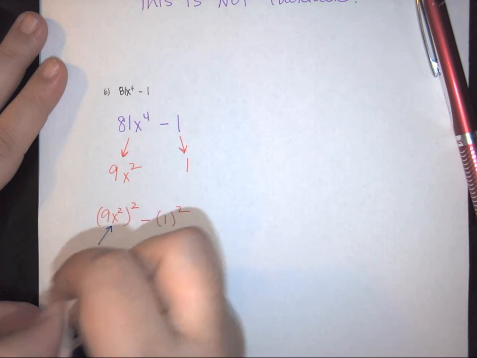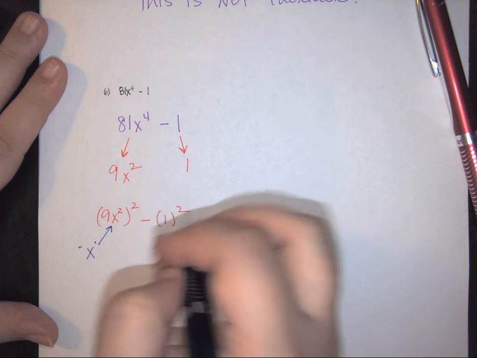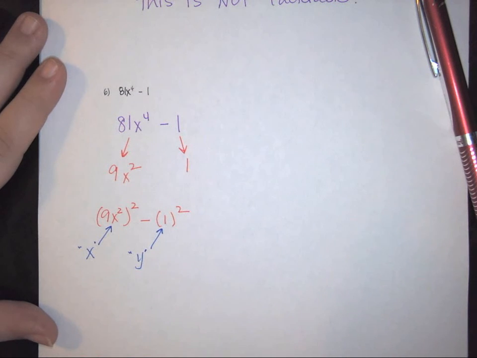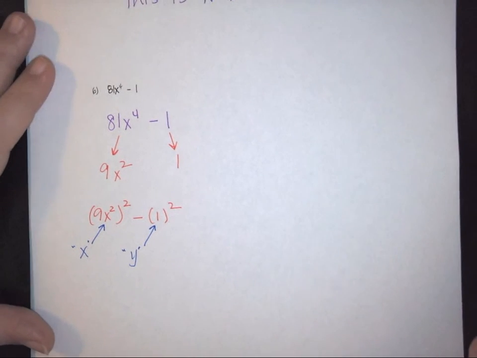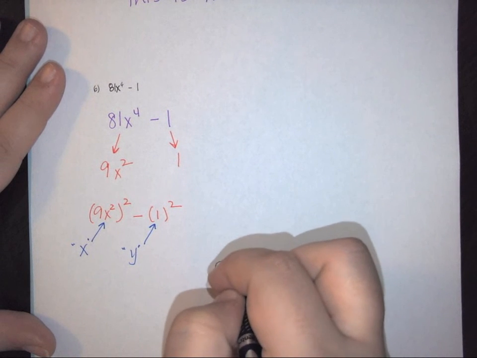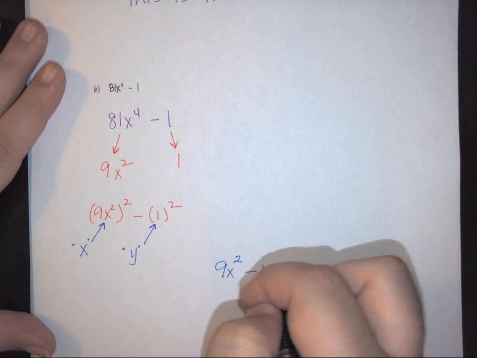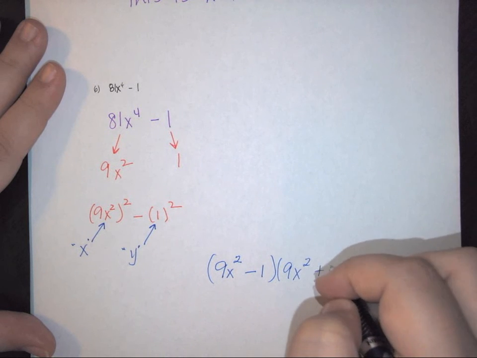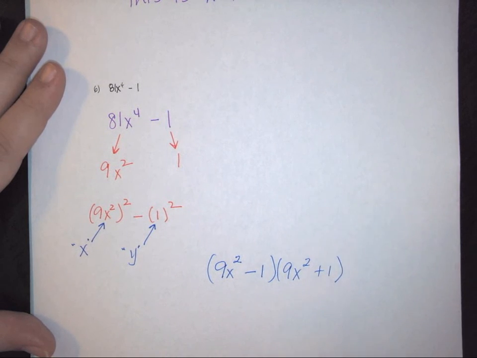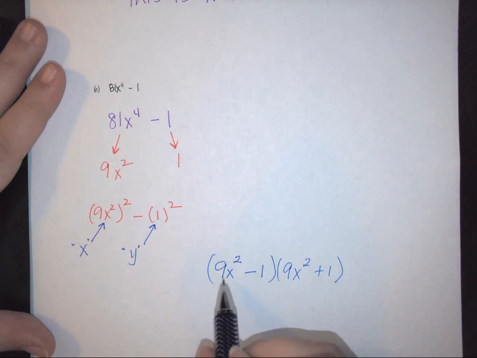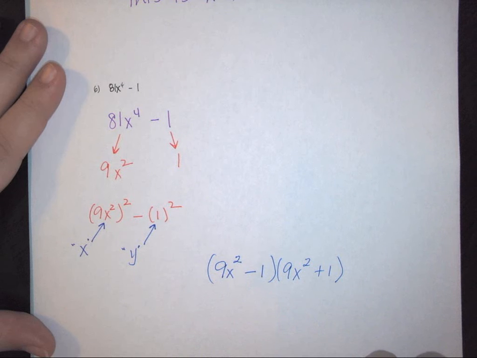This is representative of the x term. This is representative of the y term. So my actual equation comes out to be 9x squared minus 1 times 9x squared plus 1. Now this back term, there's nothing we can do about it. But take a look at this first term. I have a 9x squared. What do we know about it?